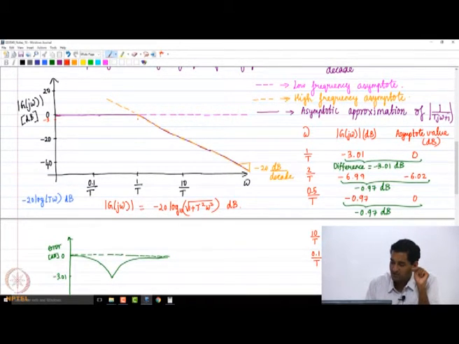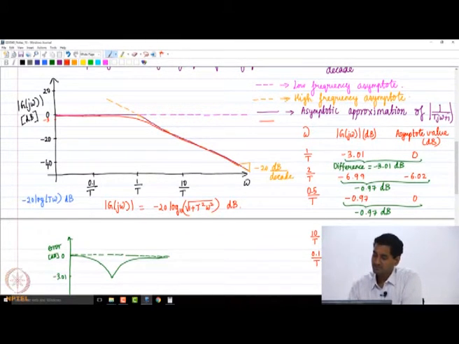So the actual plot is going to be something like this, right. I am just drawing an approximate curve just to illustrate the point. So the actual curve is going to be a smooth curve like this, okay. The red one is the actual curve, right. That's just illustration there.